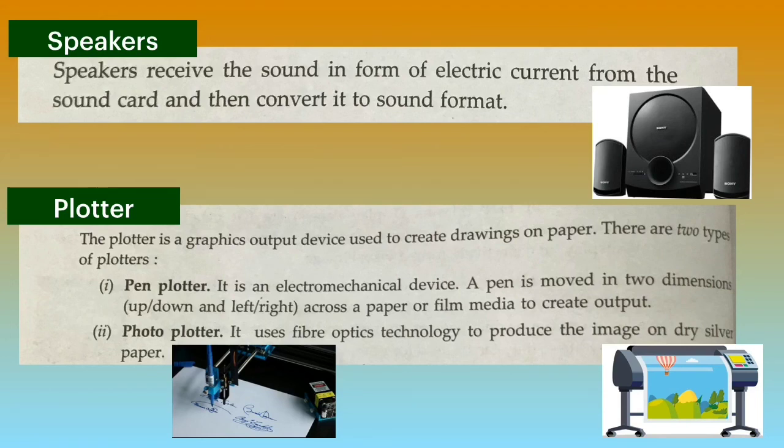Means an electromechanical device which holds the pen and moves it around to draw anything, might be upon a piece of paper or any other film or media. So the speakers and the plotters are output devices.